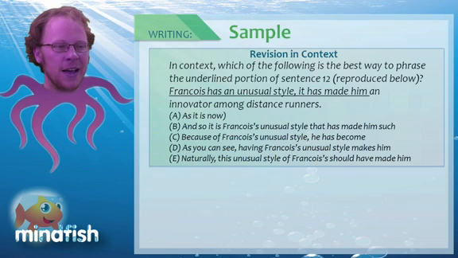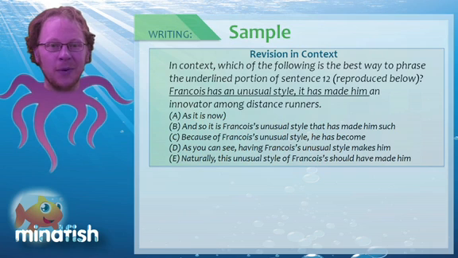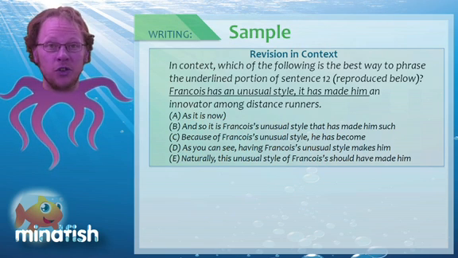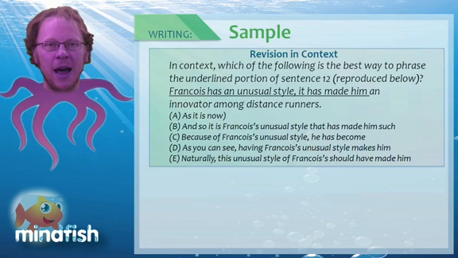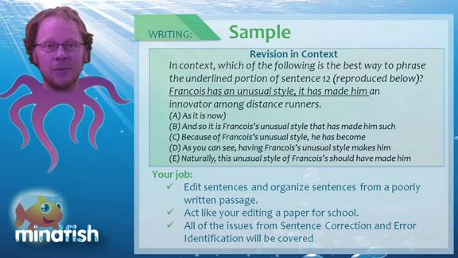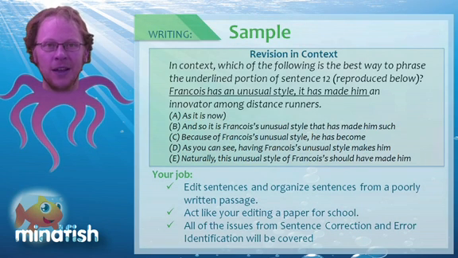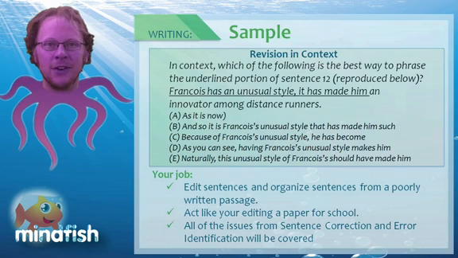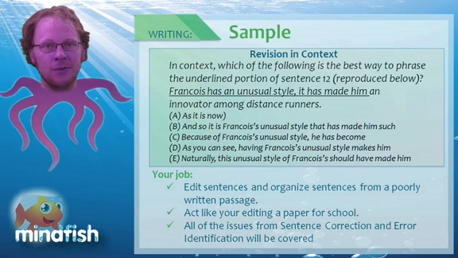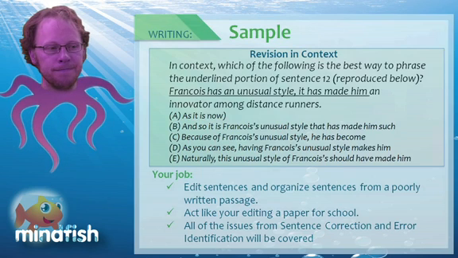The last type of question that will show up on the writing sections is called revision in context. The SAT will give you a short 2 to 3 paragraph long passage that's very poorly written. Your job is to answer 6 questions about how we can fix some of the sentences within the poorly written passage, or move some of these sentences around, or otherwise make the passage more grammatically correct.